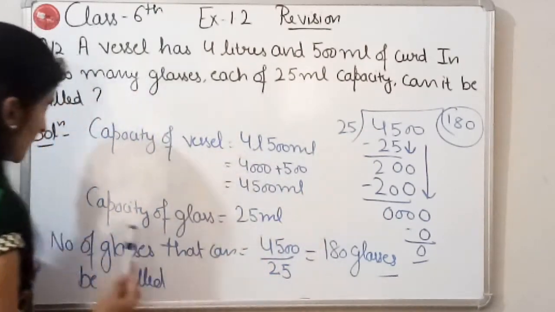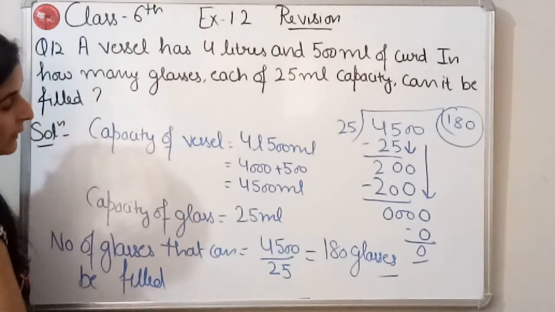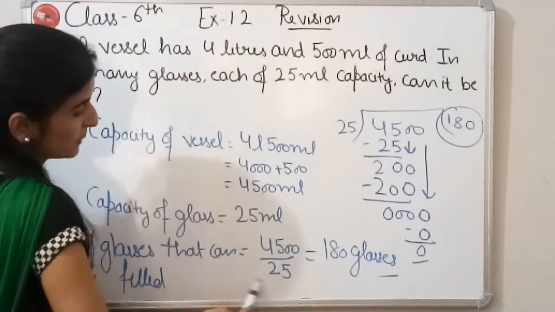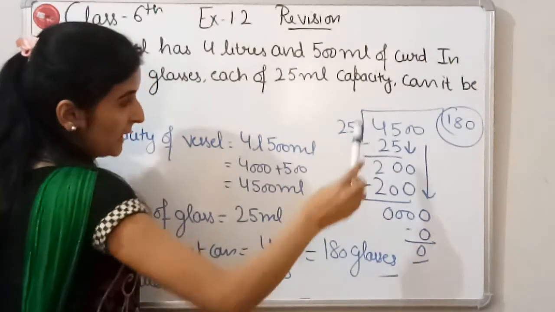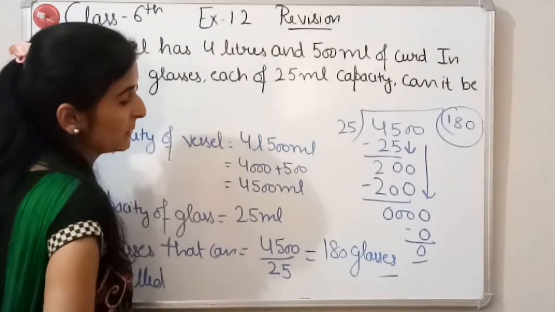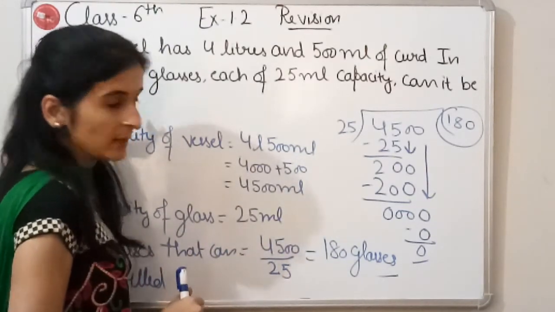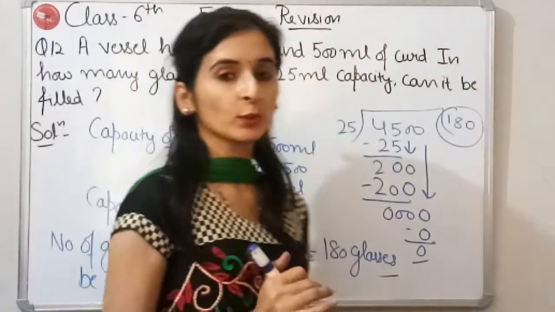So to find out the number of glasses that can be filled, we will divide 4500 by 25, and after dividing we will get 180. So it means 180 glasses can be filled. Fine. So this was about question number 12.